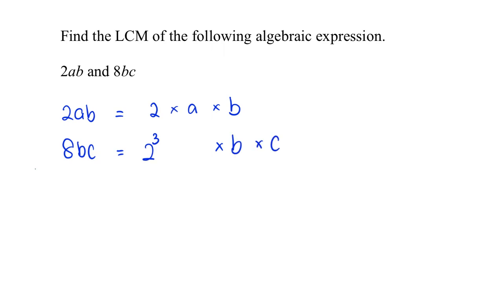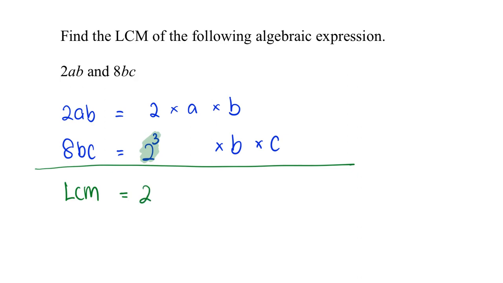And now, in order to find my LCM, we will have to choose all the factors that can be found in both terms. Meaning, when I compare, I have to make sure that I choose the prime factors that have the highest power.